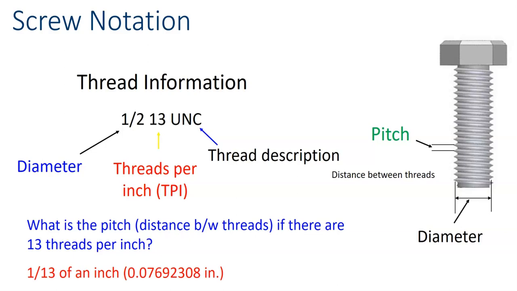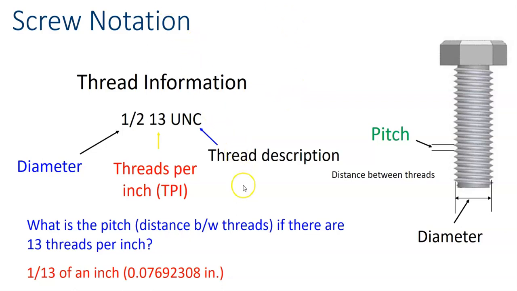So with 13 TPI, I can find the reciprocal, and 1 divided by 13 tells me how big one pitch is. If I were to do this in Inventor, I would enter 0.0769238, and so on, inches.